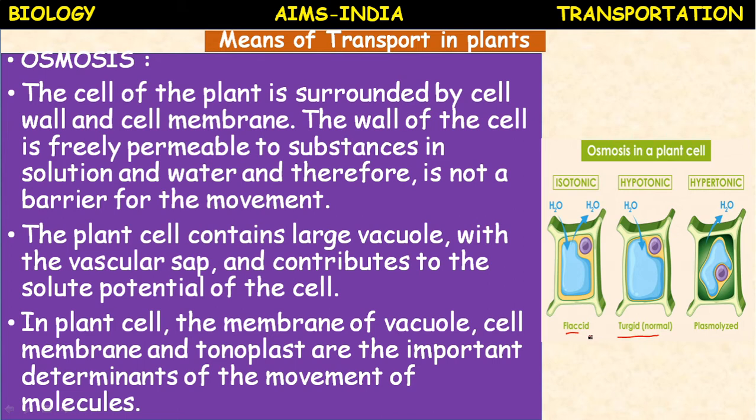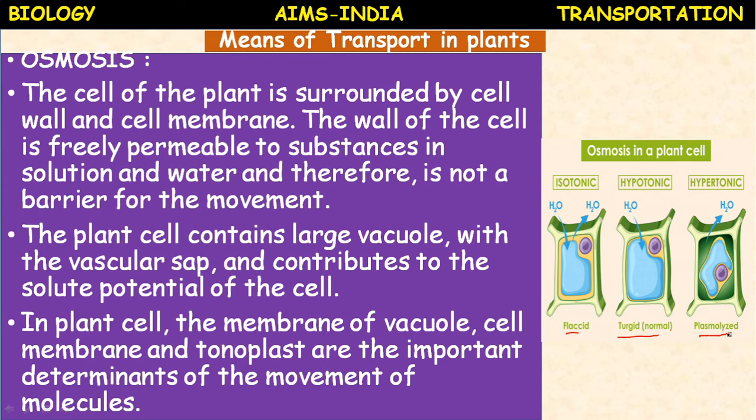Flaccid condition means dry condition. Hypotonic means low concentration compared to the external environment. So here the concentration is the same, but some water is lost from the cell, so that is the flaccid condition. But in the turgid condition, there is no loss of water from the cell, the normal condition.